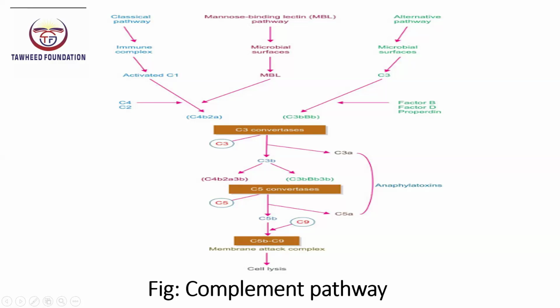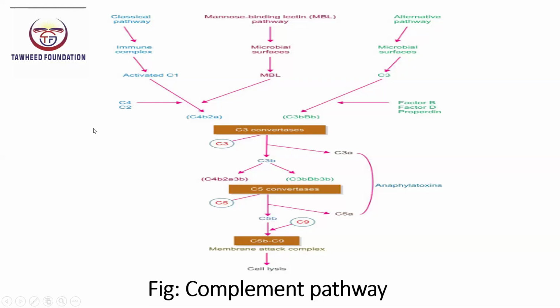So complement activation results in, as you can see, opsonization, and microbial surface, as you can see here, microbial surface and immune complex. The complement system is activated by these three main pathways: classical, antibody dependent; alternative, that is microbe driven or no antibodies; and lectin, which recognizes microbial sugars.